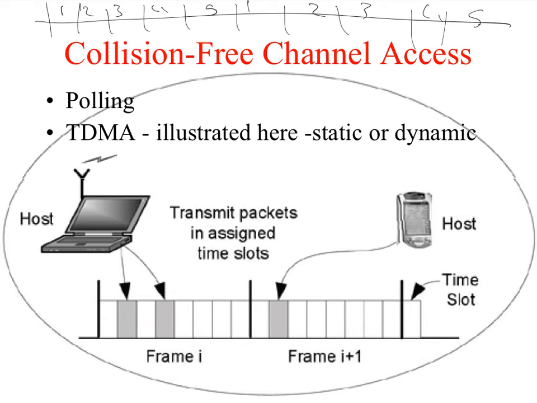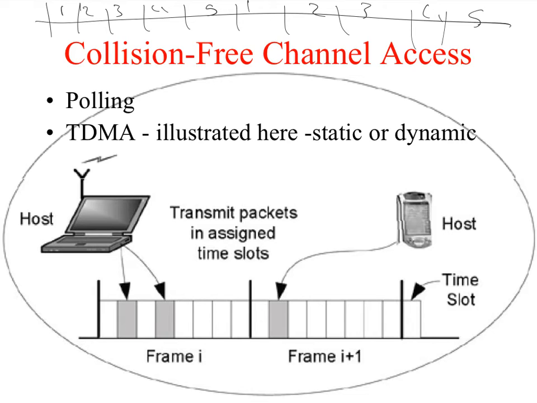So if the load is high, the probability of collision will be high, and the throughput will not be good. But for the collision-free, if the load is high and everyone has his own slot, then the throughput will be almost 100%. But it's not as idealistic as we can see it now. There is some complication to it.